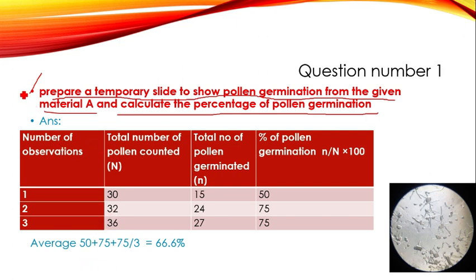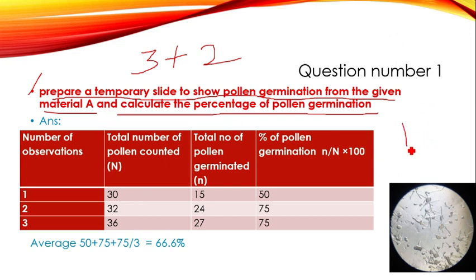Here, first you have to understand the question carefully. Prepare a temporary slide. Which slide? Pollen germination slide. To prepare the slide they will give material A, and after preparing the slide you have to calculate the percentage of pollen germination, meaning how many pollen grains are germinated on your slide. Here, preparation of the slide is 3 marks and calculation is 2 marks.